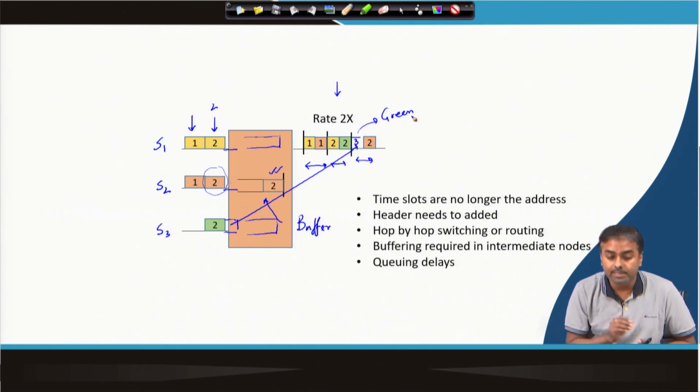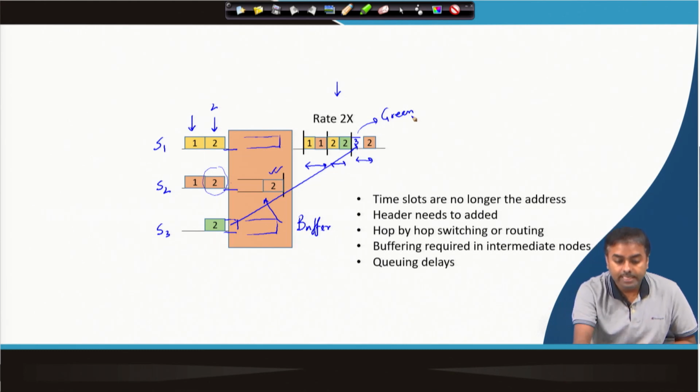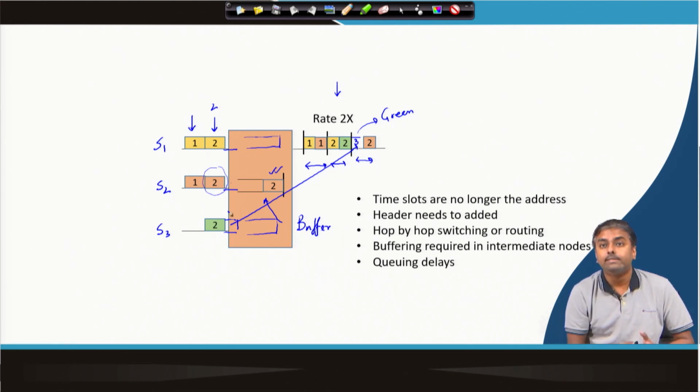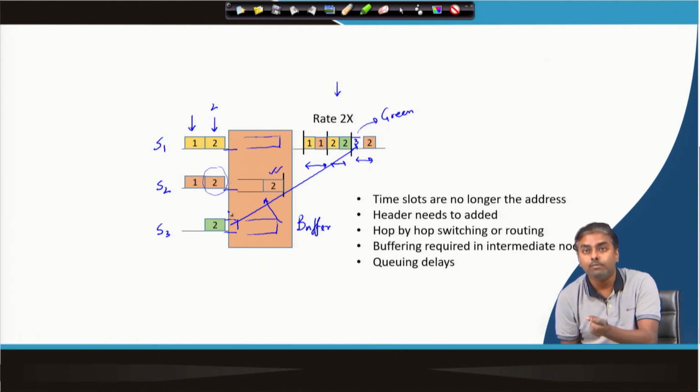So what is now happening over here? First of all, my address is gone due to statistical multiplexing. Now I have to introduce a buffer, and because of the buffer, I do not know how much time data will be waiting in it, because suppose in the second slot there are again 3 data, it might happen. Out of those 3 you will be able to accommodate 2 of them.